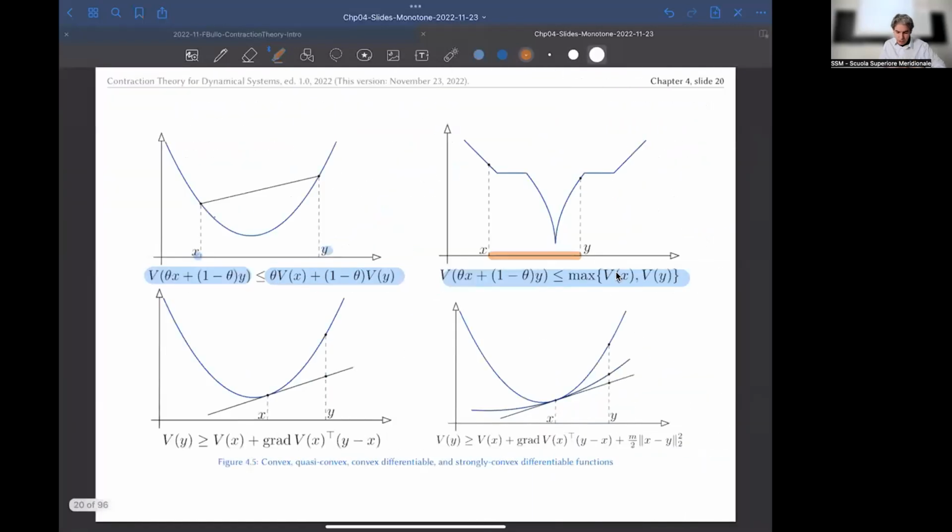Now, pictorially, what does that mean? What do these things mean? It means that you are not only lower bounding, so the line that is tangent to the curve at a point x is a lower bound to the function as a function of y. As you move y, V of y, if you want to say minus V of x, in any case.